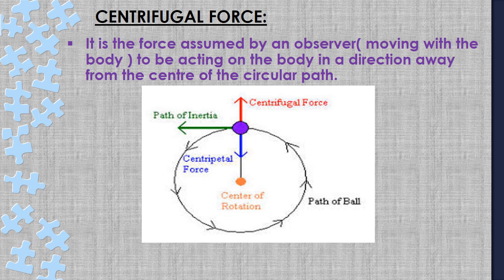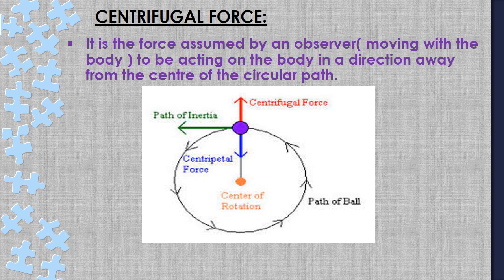In addition to centripetal force, there is some other force that is termed centrifugal force. It is the force assumed by an observer moving with the body to be acting on the body in a direction away from the center of the circular path.